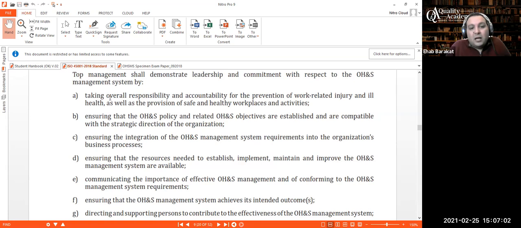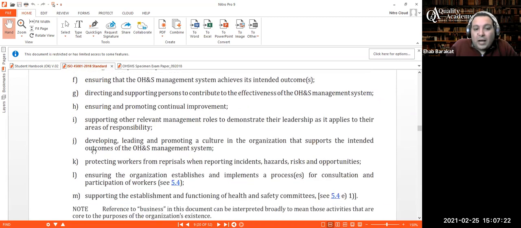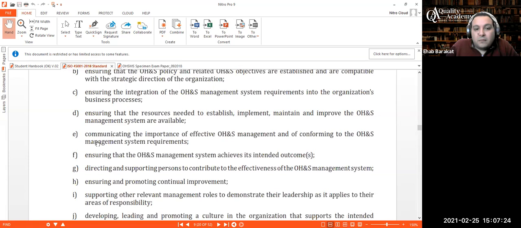For example, taking into account that top management takes overall responsibility and accountability, write the question, then 5.1a in brackets, and make B another question and write 5.1b in brackets. That's all. This is the answer. Just go from A to M, make them questions instead of sentences, and write in front of each 5.1a, 5.1b, 5.1c. That's all.